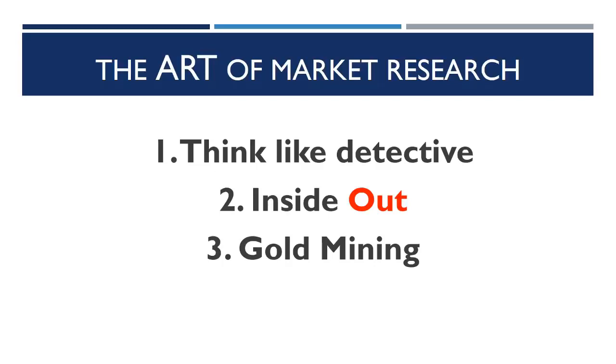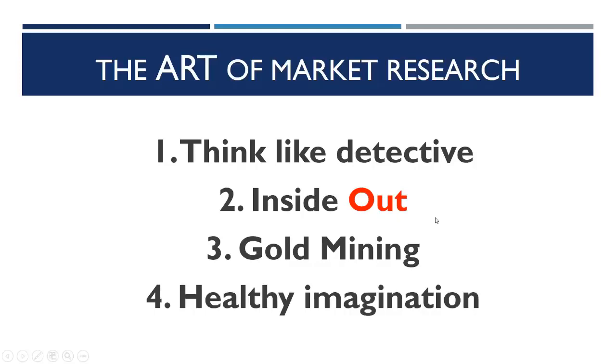You start to dig and dig and dig till you find good products that fit. And the last thing is healthy imagination. Okay, you need to use your imagination to use this market research method. Okay, you need to be creative. It's very important. I will help you to become like this today, but you need to think out of the box all the time, and understand the full picture all the time.